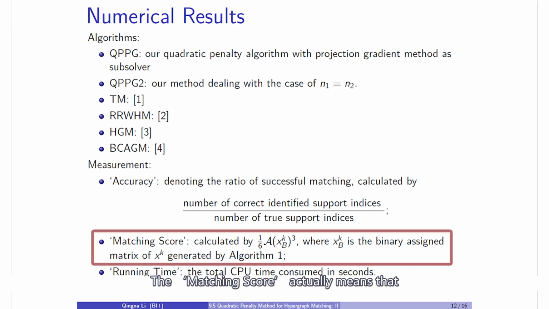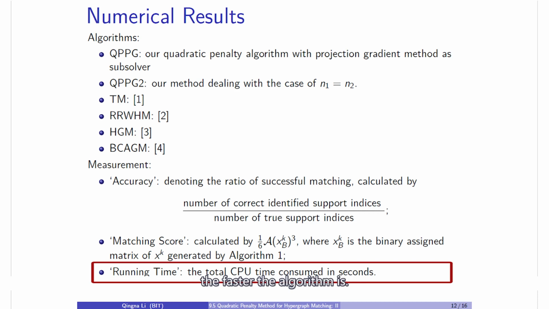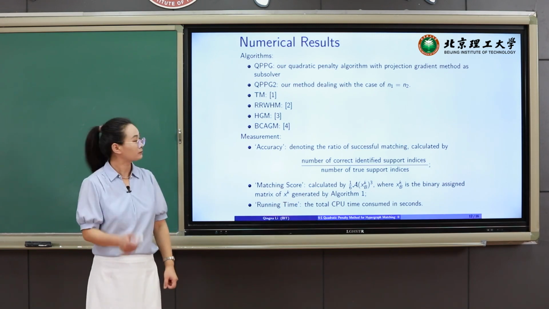The matching score means the largest matching objective function value we achieved. And the third one is running time. Of course, the shorter the run time is, the faster the algorithm is. For the first two, accuracy and matching score, the larger they are, the better the algorithm is.